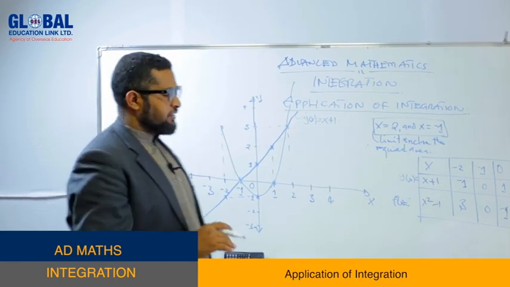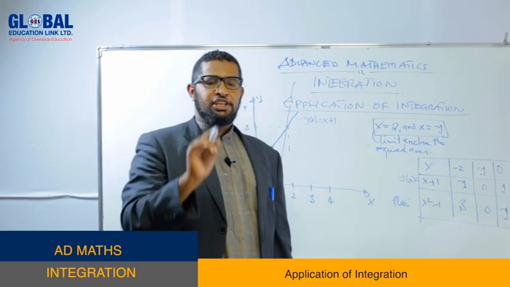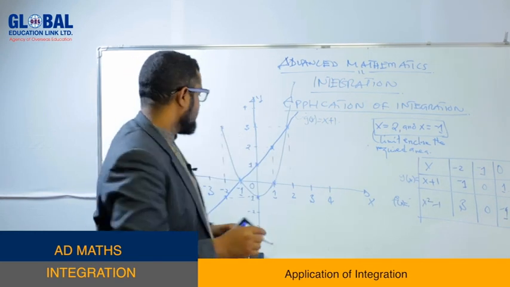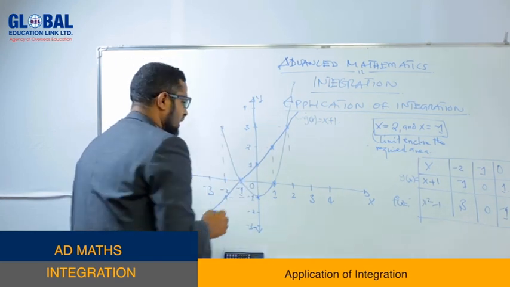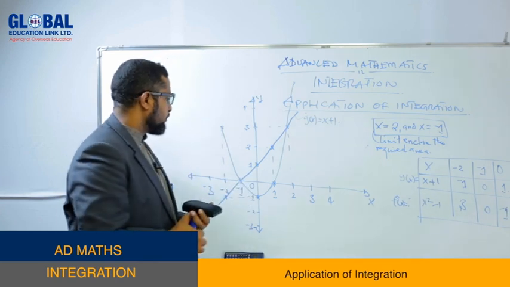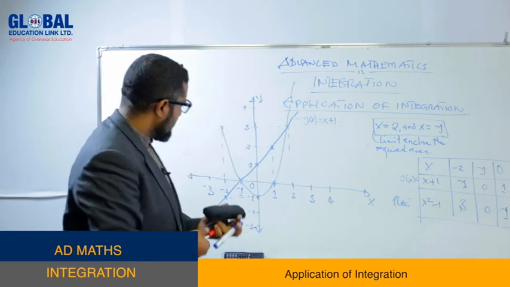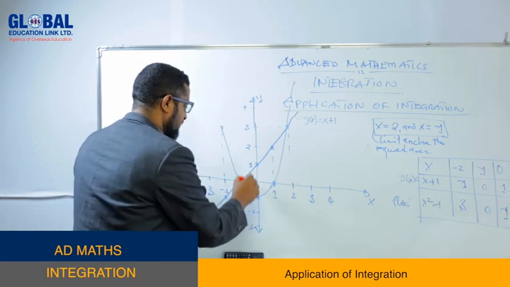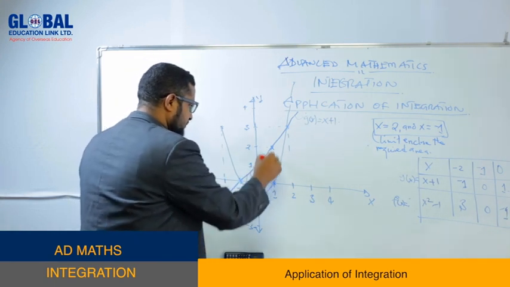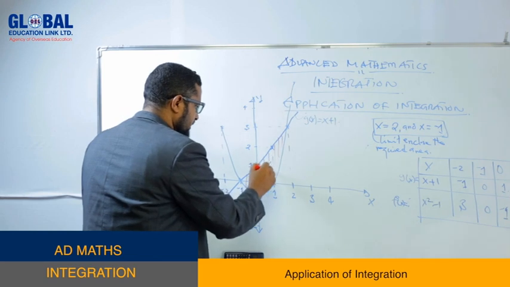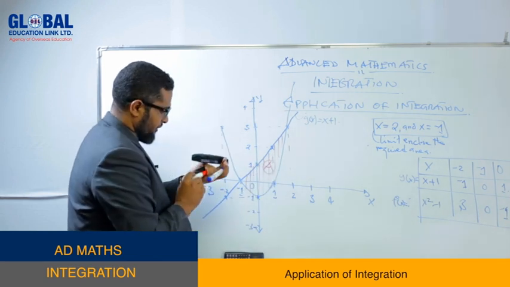Now again, join the points. Okay, after that, shade the region that is bounded between the two curves. So this is our region that we are supposed to find its area. This is the required area.